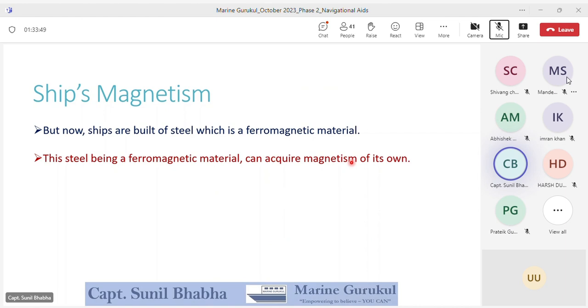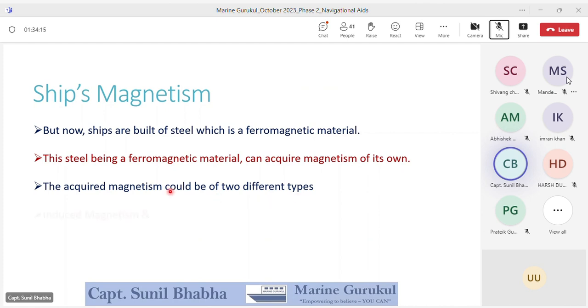One is permanent magnetism, which was generated by bringing it in contact with a permanent magnet in a specific way. And the second was induced magnetism, which is generated when any ferromagnetic material comes under the effect of a magnetic field. So this mild steel, being a ferromagnetic material, can acquire magnetism of its own.